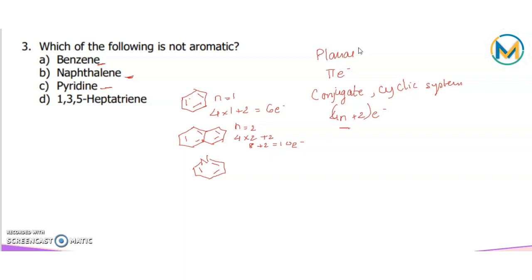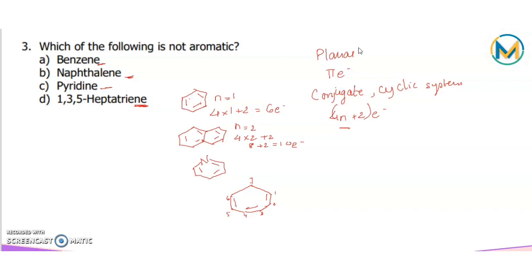Next, if you see option D, that is 1, 3, 5 cycloheptatriene. So we are supposed to first draw a 7 carbon ring. Suppose I start my numbering from here, 1, 2, 3, 4, 5, 6 and 7. And double bonds are on 1, 3 and 5.